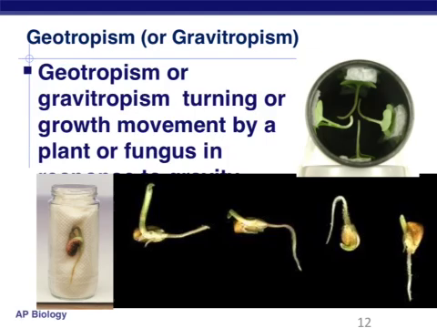Okay, another kind of tropism is called geotropism or gravitropism. And it is, the words got cut off, but it is the movement or growth in a plant in response to gravity. I'm going to write that in for you. So it's turning or movement. Let me write it up here.